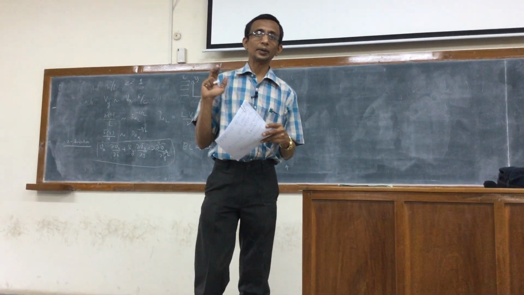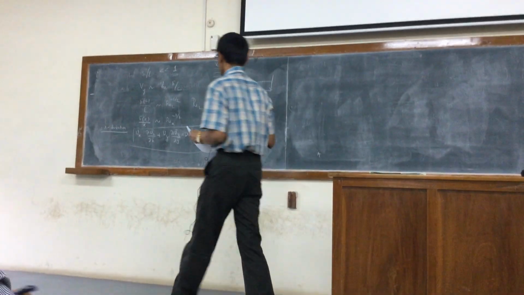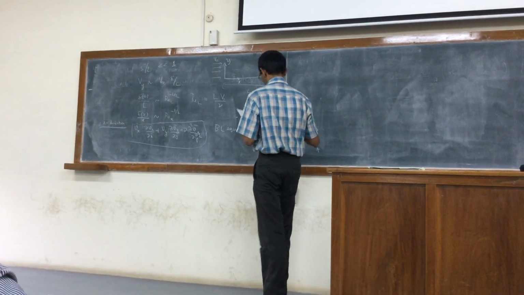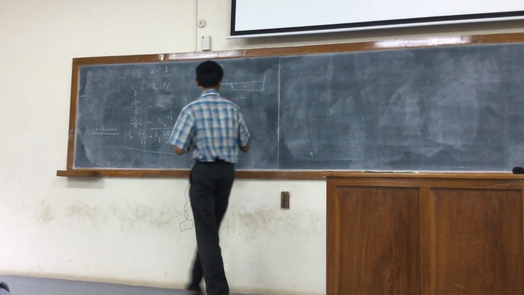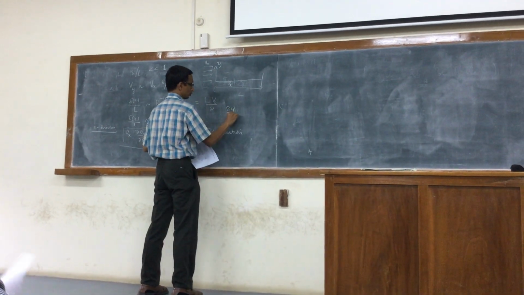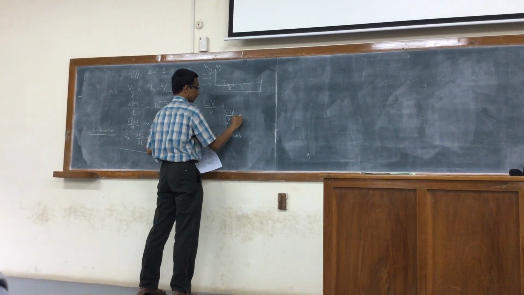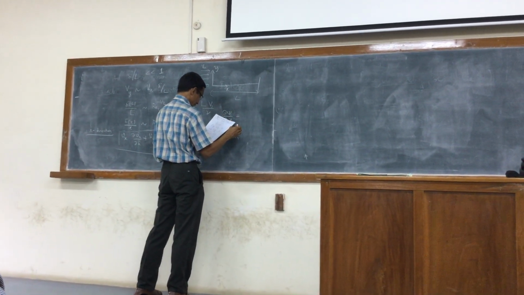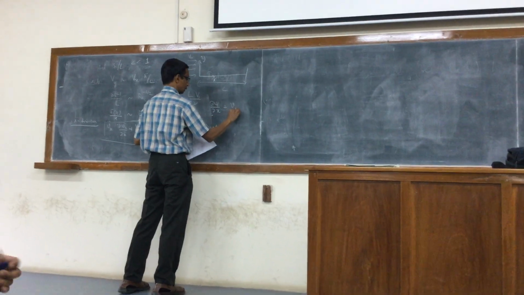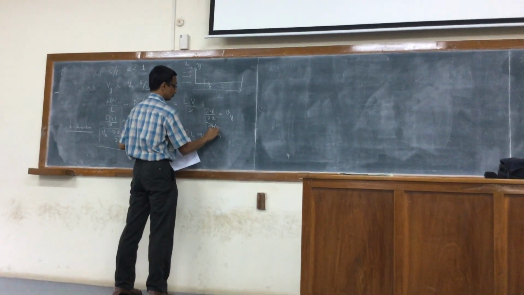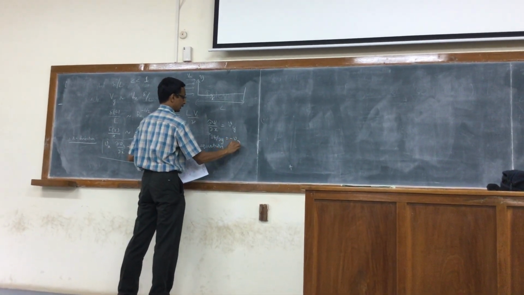So by using the stream function, we can eliminate both u and v. The stream function, as we do for planar flow, is defined in such a way that d psi by dy is u and d psi by dx is minus v.